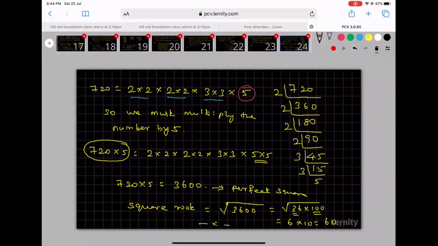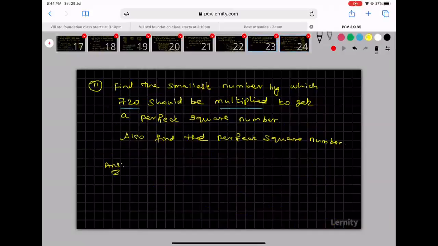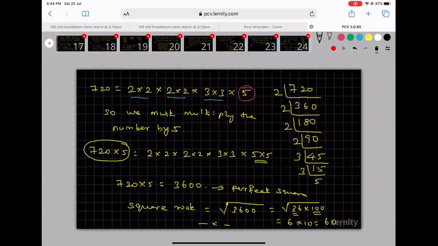In the problem, they asked for a perfect square and its square root. This is the way we want to do it. Only one more problem is there, the 12th problem. In the next class, we will see that.